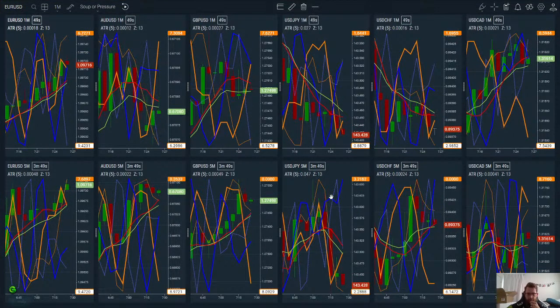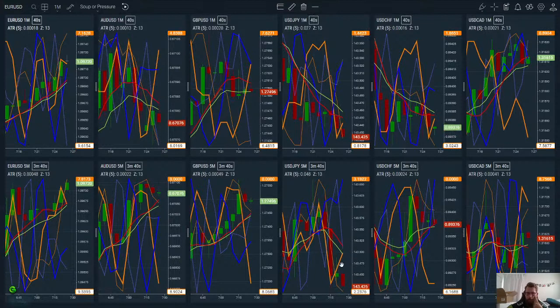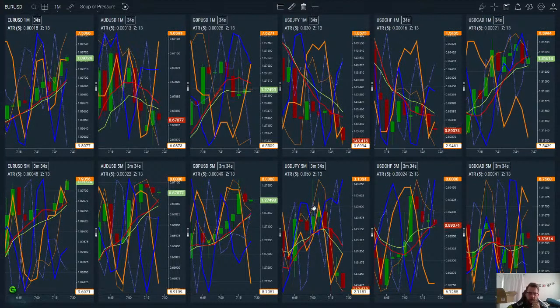Let's see, we have another blue cross here, which could indicate that this wants to go back up and touch this pressure here, which is something we'll look for if it starts doing that.